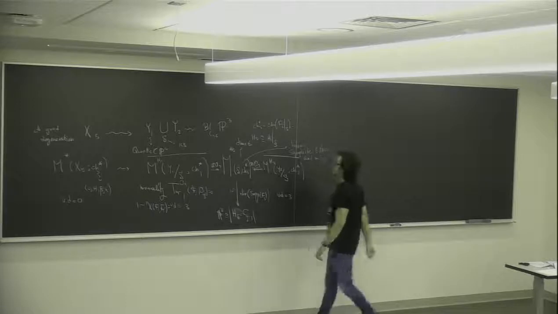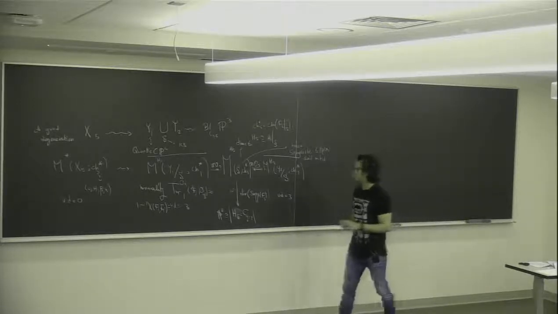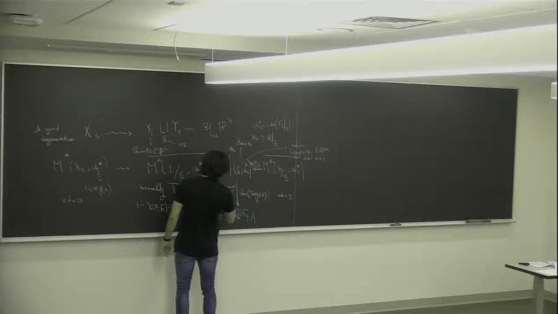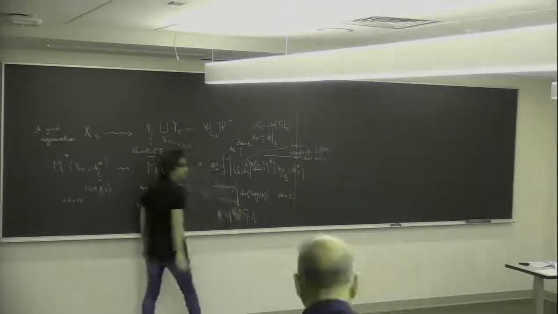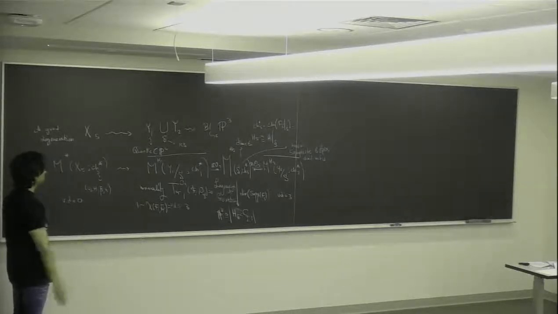And it comes with a holomorphic symplectic 2-form, which vanishes along the fibers. So this is a Lagrangian fibration. Okay, so these are all of the things that we got last time.